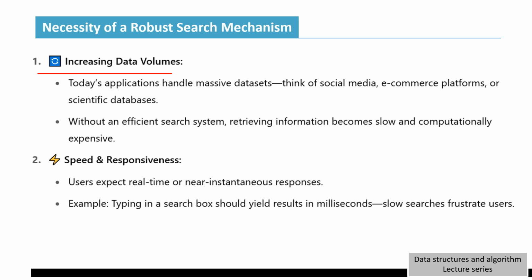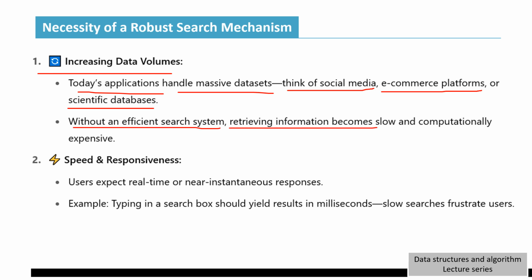First point is increasing data volumes. Today's applications handle massive datasets. Think of social media, e-commerce platforms like Amazon, Flipkart, or scientific databases, that is Scopus, or Web of Science. Without an efficient search system, retrieving information becomes slow and computationally expensive. So that's why this topic is very, very important.